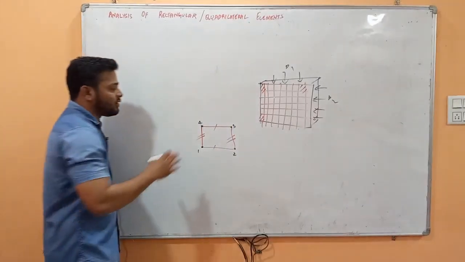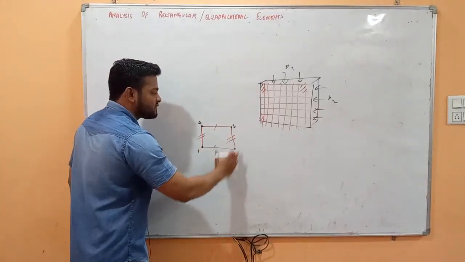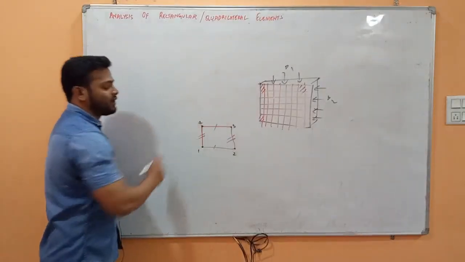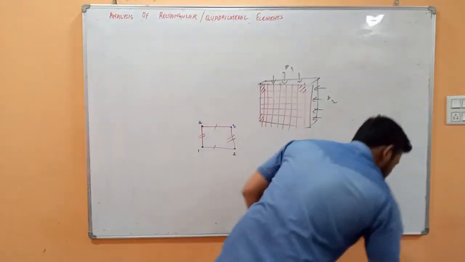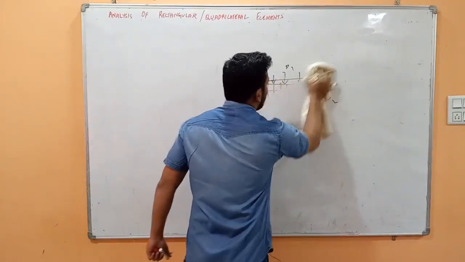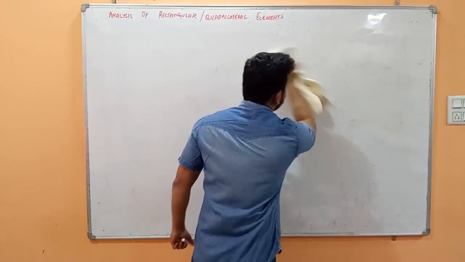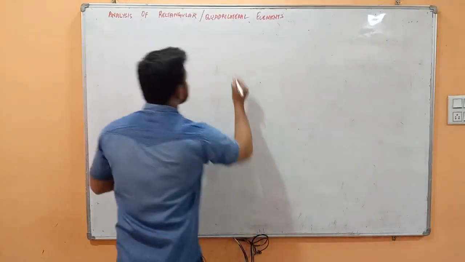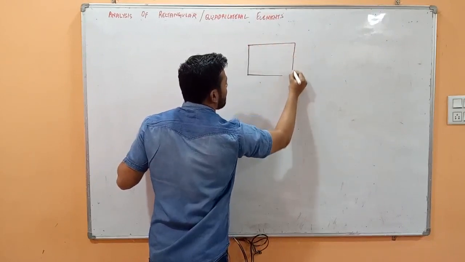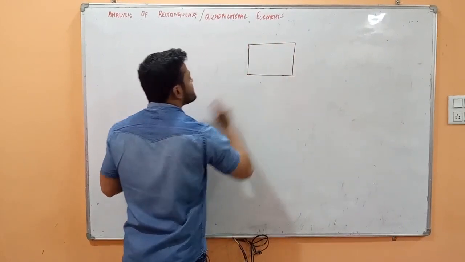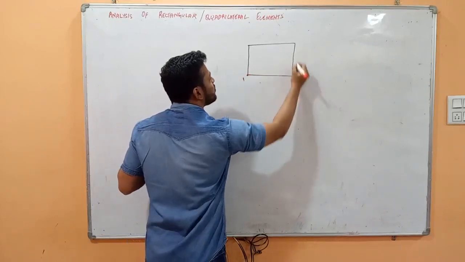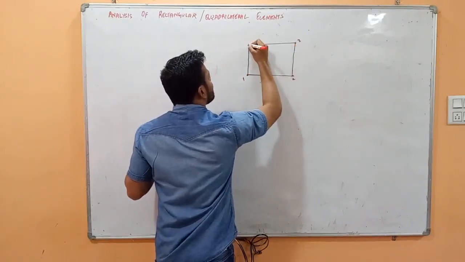I can draw a rectangle by giving these four vertices, or these four nodes. If we are modeling a rectangle, we need four nodes: node 1, node 2, node 3 and node 4.